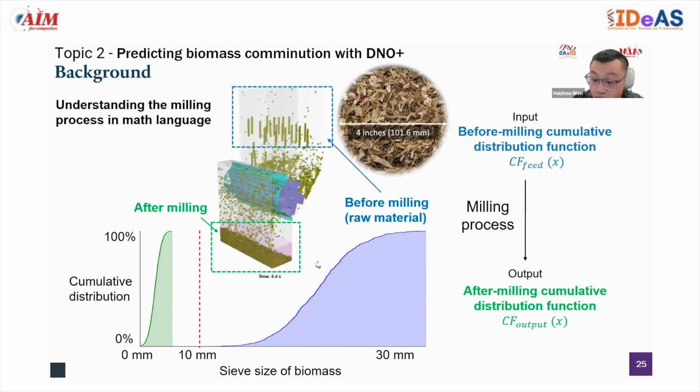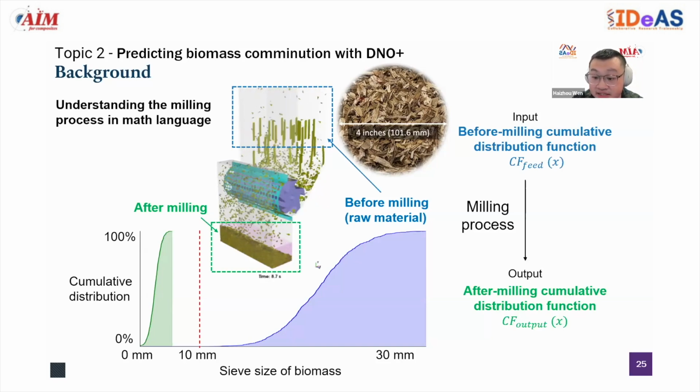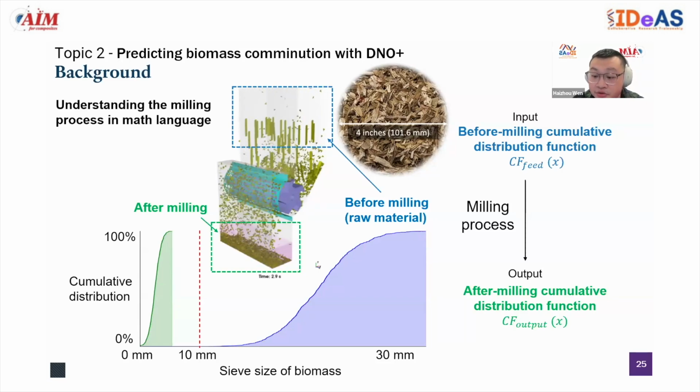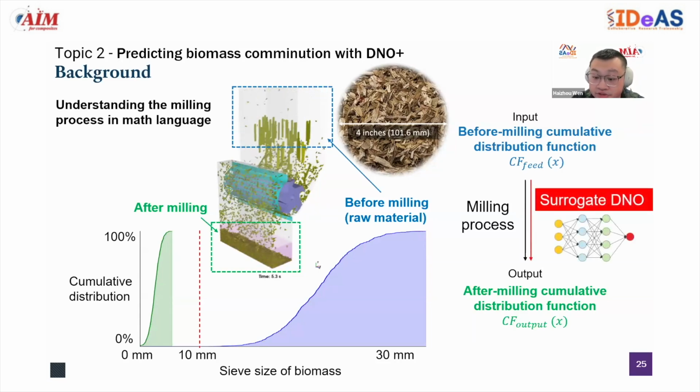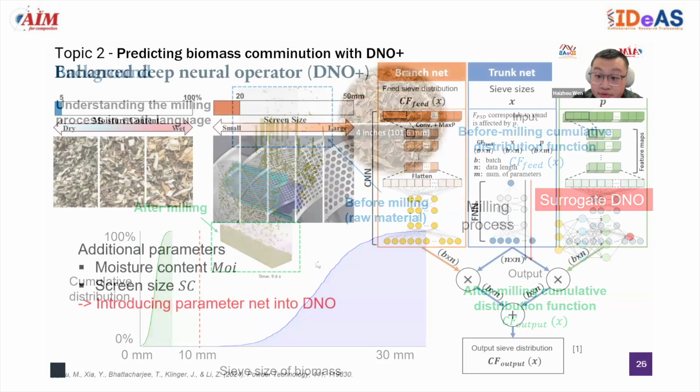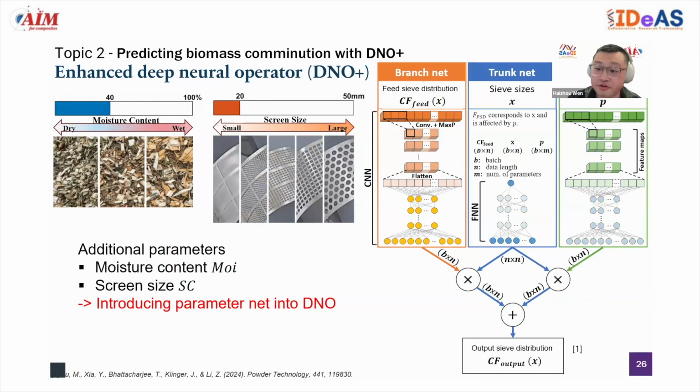So we still use the previous mindset. We will find the milling process is very essential: the mathematical mapping from the feed raw biomass cumulative distribution function to the output biomass cumulative distribution function through the milling machine. Therefore, we can still use the framework of our DNO model. Different from our previous composite beam case, the milling process of biomass involves external parameters.